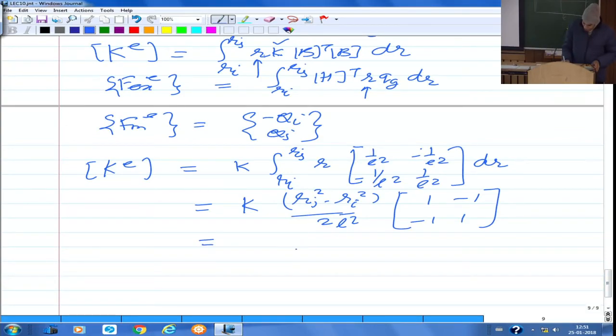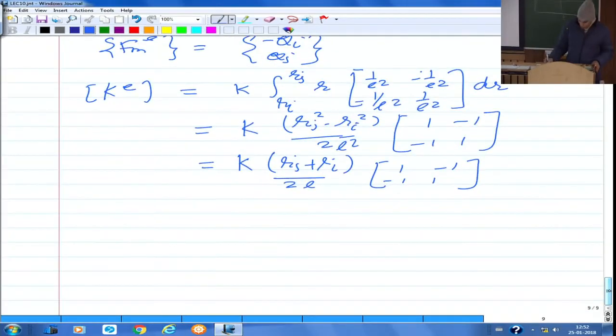And Rj square minus Ri square can be written as Rj plus Ri into Rj minus Ri. So finally you can say that K into this term Rj plus Ri divided by 2L, because Rj minus Ri is equal to L, so you can write it like this, minus 1 and 1, the way I just said.